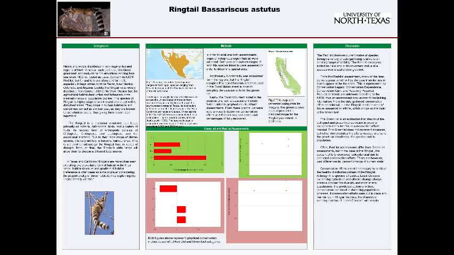I included two maps, one of which is a continental range of the ringtail. Thus, we see a good portion of the southwest of North America and a good portion of Mexico. In order to create the Green List and Red List assessments, we had to evaluate their range in order to determine spatial units.